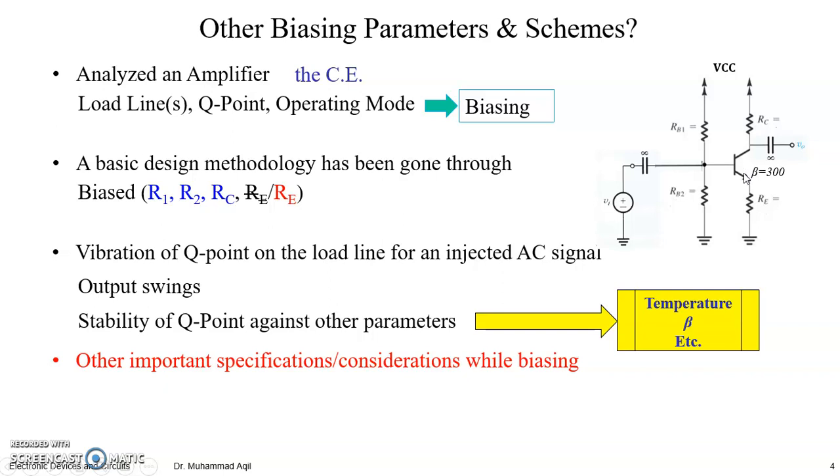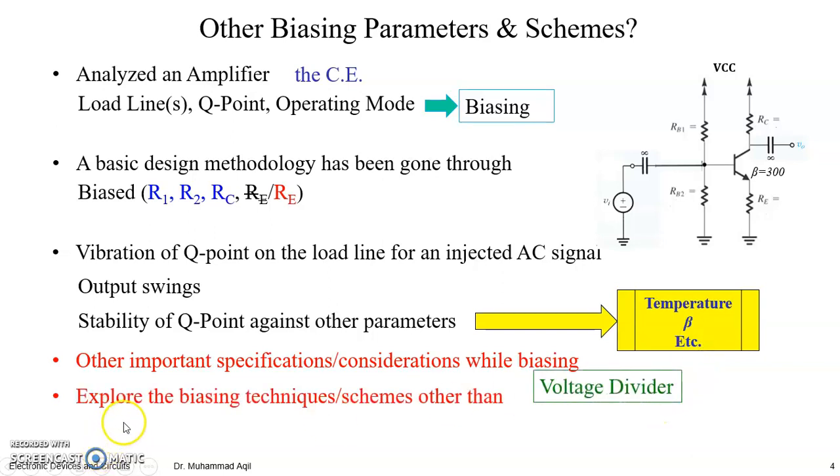Even if you are replacing the transistor with the same model, within the same model, during manufacturing, we have variation in beta, right? So that variation in beta will destroy your design. So it will never be stable. And there are other parameters also, but we will study only temperature and beta effects, right?